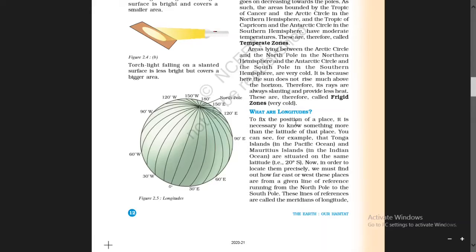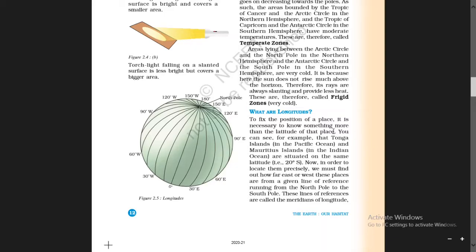To fix the position of a place, it is necessary to know something more than the latitude of that place. See, longitudes, how are they important for us? Why is it necessary?